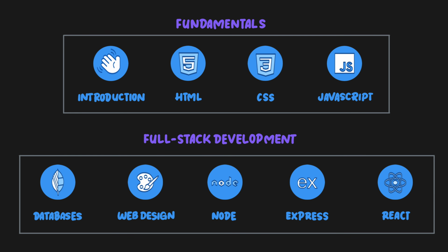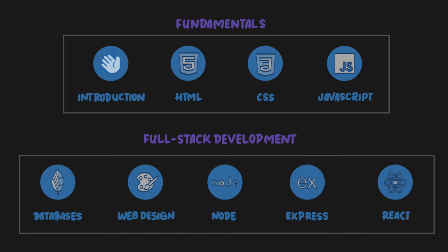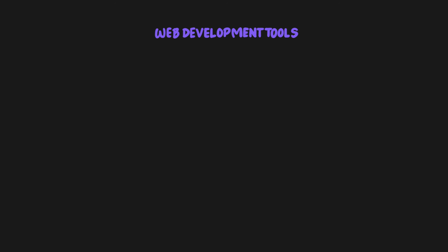This video is designed to be a high-level overview of the course. If you want to see the details of each topic, you can download the full course syllabus in the description below. Before we move on, I just quickly want to highlight the web development tools we'll learn along the way.